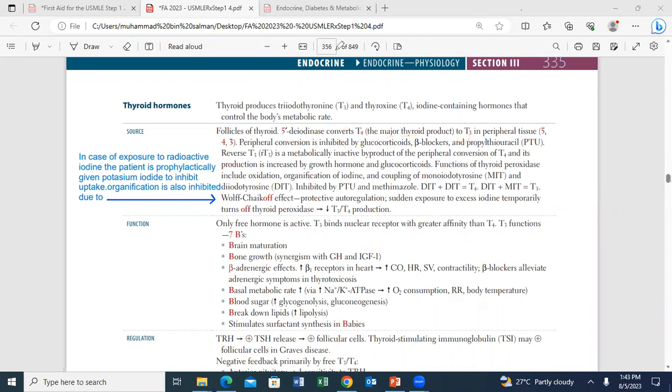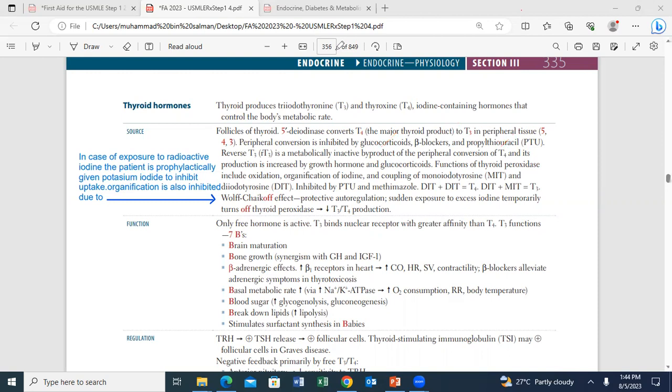Peripheral conversion is inhibited by glucocorticoids, beta blockers, and propylthiouracil. We will study propylthiouracil and methimazole when we study pharmacology, so don't you worry about that. Just have a first introduction of these: glucocorticoids, beta blockers, PTU.